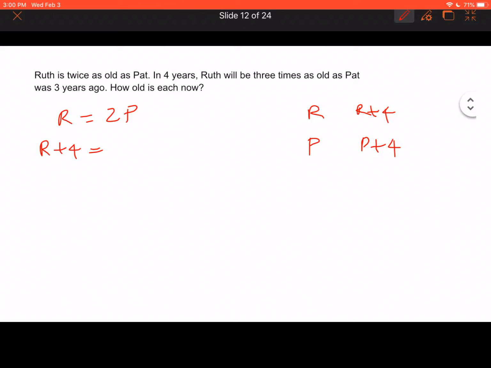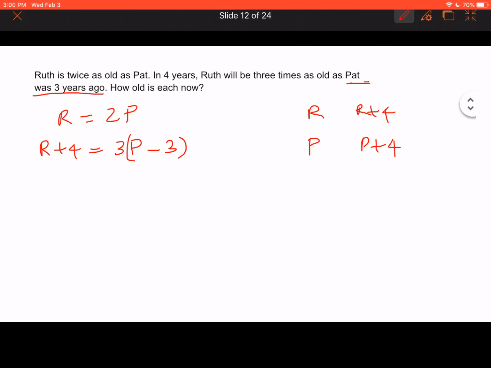If that is the term, then we have to stop with 3P. 3P plus 4 we will do, because as old as Pat means he is also aged like Ruth, that is 4 years after. But the question here was 3 years ago for Pat. So that means P minus 3.